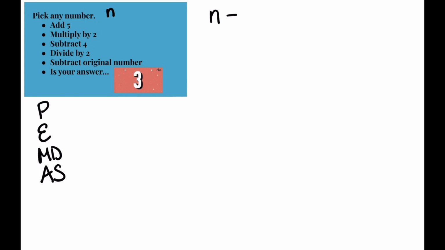And we're supposed to add 5. So a number plus 5, doesn't matter what it is. And then we're going to multiply by 2. So here's the first problem. We have to add first. So I'm going to put a parentheses around the number plus 5. And I'm going to put the times 2 in front. That's telling me a number plus 5, then times 2.